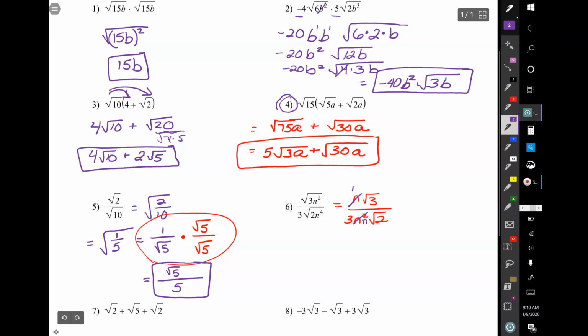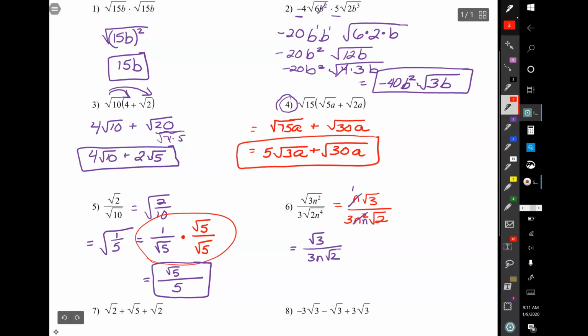So I can change that up and just have it easier to work with. And then from there, I have square root of 3 divided by 3n square root of 2. And now, again, that is okay, it's correct, but it's not complete in the correct format.